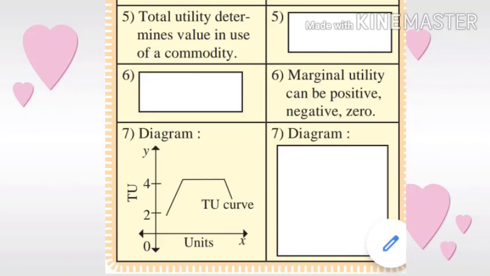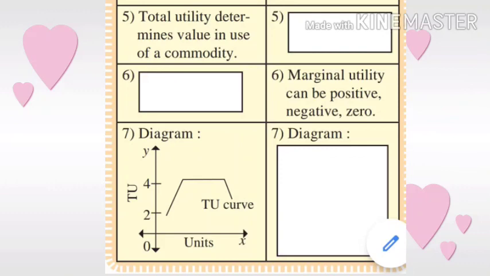In marginal utility, it will be marginal utility determines value in exchange of a commodity. Sixth point given in marginal utility is that marginal utility can be positive, negative, 0. But what do we notice under total utility? That total utility is always positive.